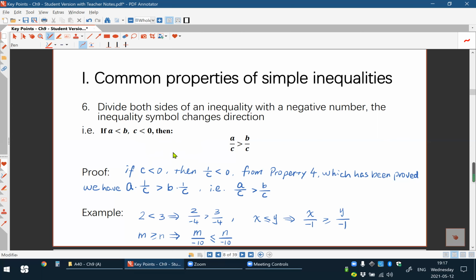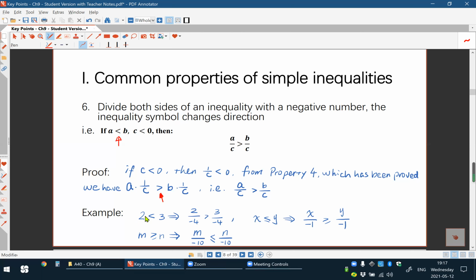So originally we have a smaller than b. After the direction change, we will get a times 1 over c greater than b times 1 over c. That is, a over c is greater than b over c, right?